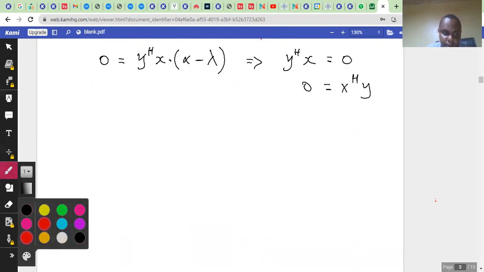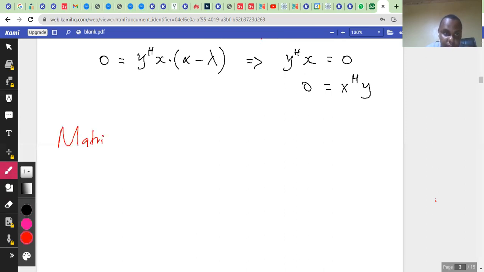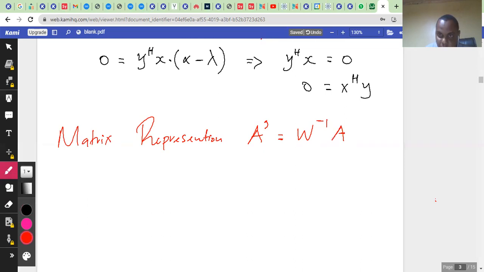Matrix representation A prime is going to be W inverse, and then you have A, and then you have V.